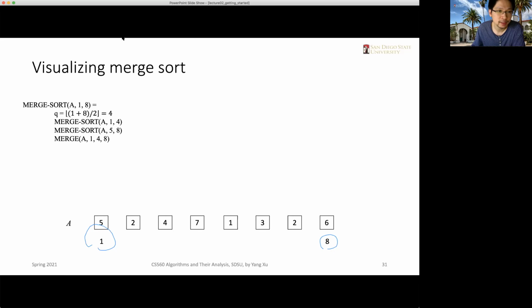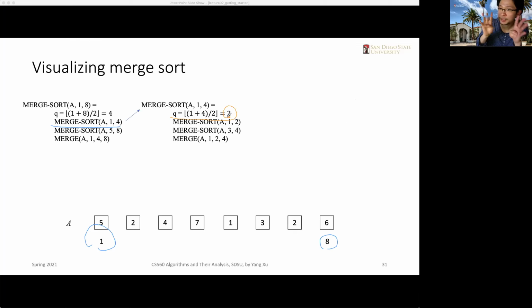If we step into the first recursive call in merge sort, it computes a new Q, but this Q is in a different scope, the current scope. In the current scope, the new Q is 2, the midpoint between 1 and 4. It will define another 2 recursive calls, from 1 to 2 and from 3 to 4.